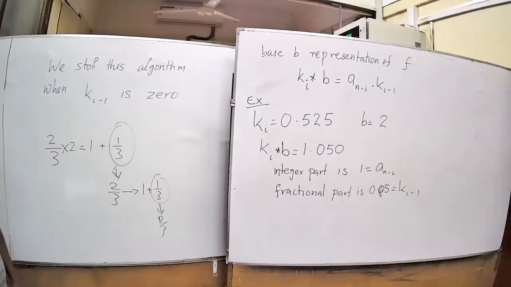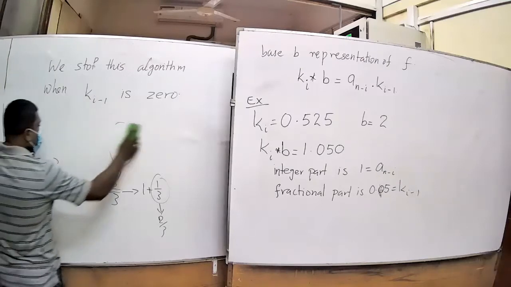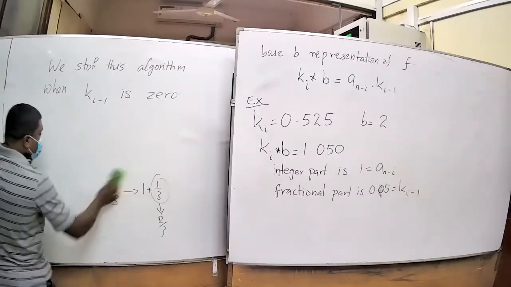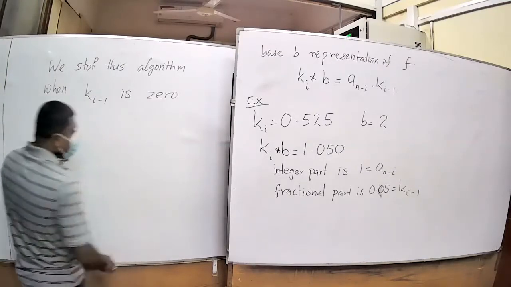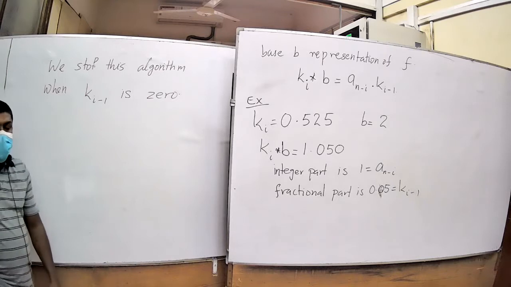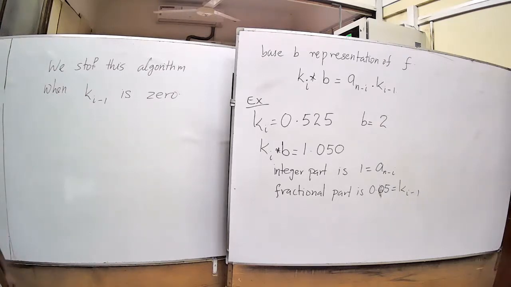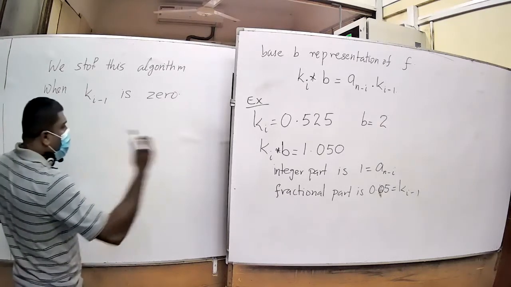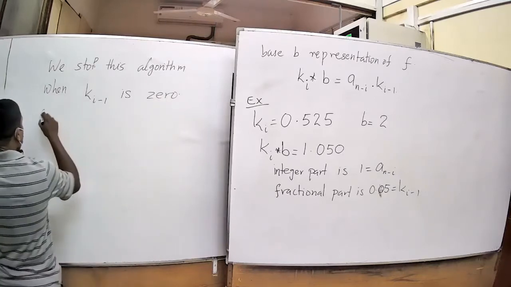When you see such cases, you can stop, because the same digits are going to return again and again without getting to 0.